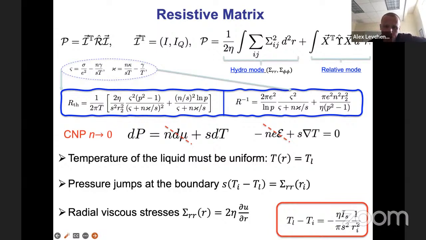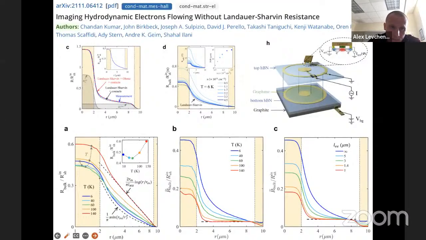So I could just maybe make a reference to this work that we've done with Anton and Sonchi if you're curious about this, but to tell you that these are not artifacts, I would like to show you a recent experiment from the group of Shahalalani and his collaborators in Weizmann and Manchester, who actually measured the distribution of the profile exactly in a Corbino disk.